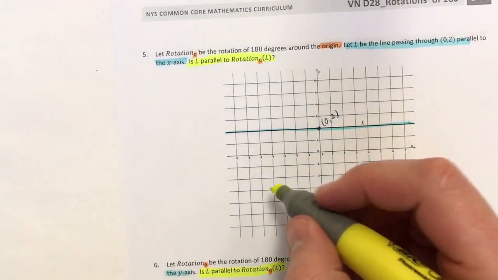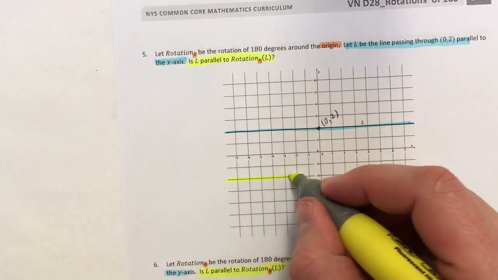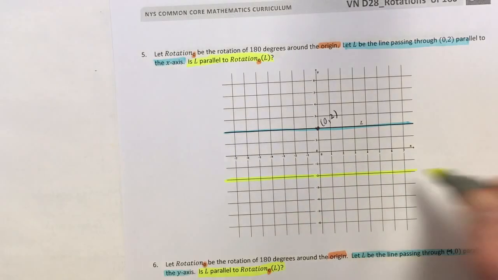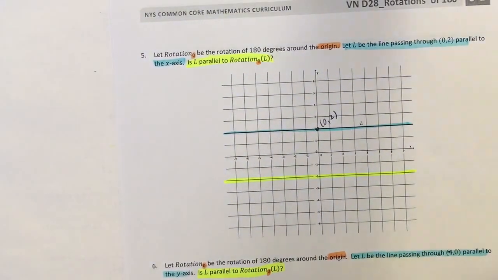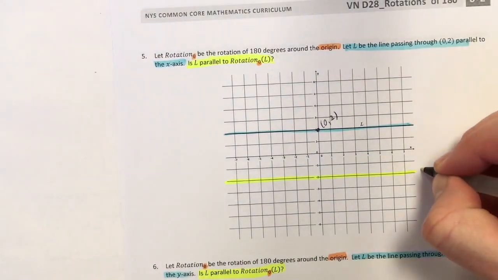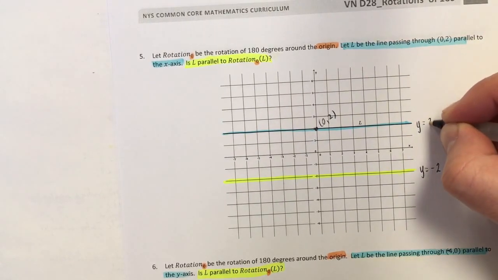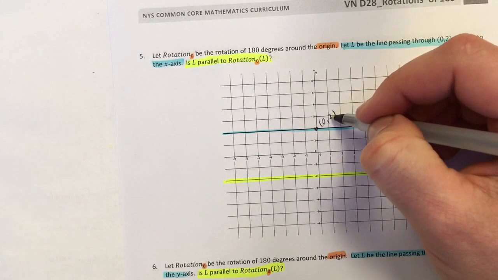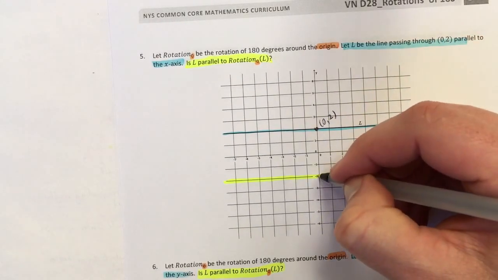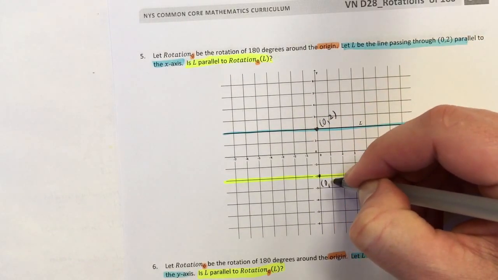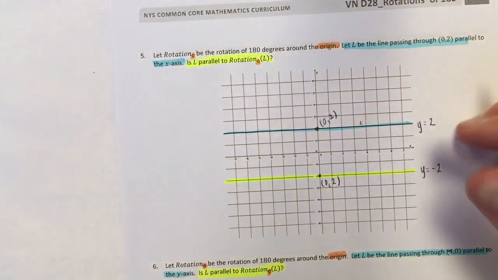It would rotate around, it would maintain the ability to be parallel. And its result would be the line y equals -2. This began at y equals 2. The point 0, 2 would negate the 0, negate the 2. So this point would be the image of 0, 2.